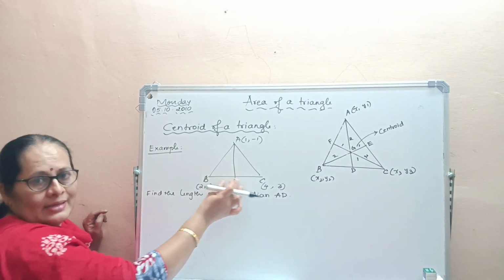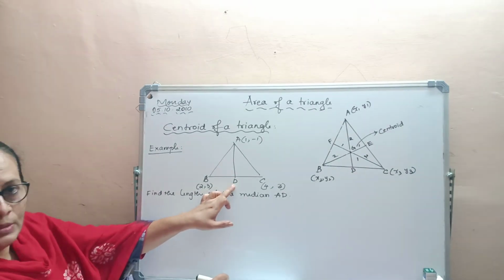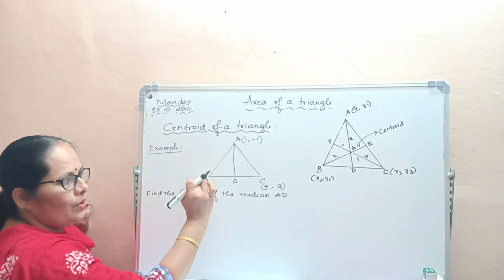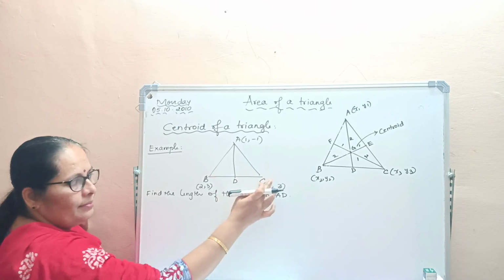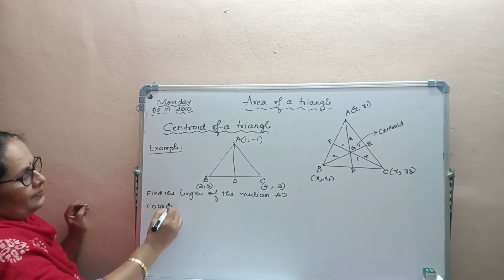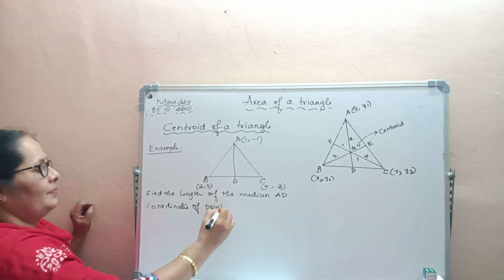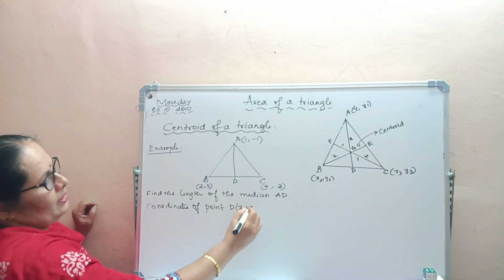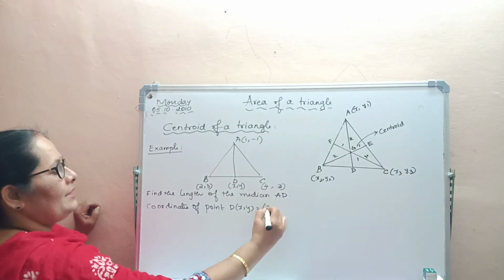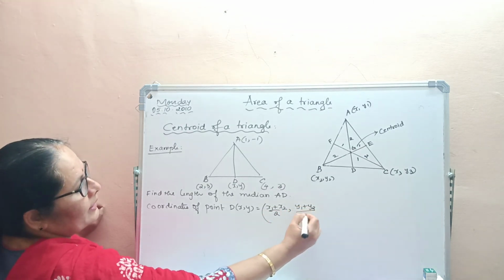But here point D is not given. So first we need to find coordinates of this point D. D is the midpoint of B and C. So coordinates of point D are x1 plus x2 by 2, y1 plus y2 by 2.